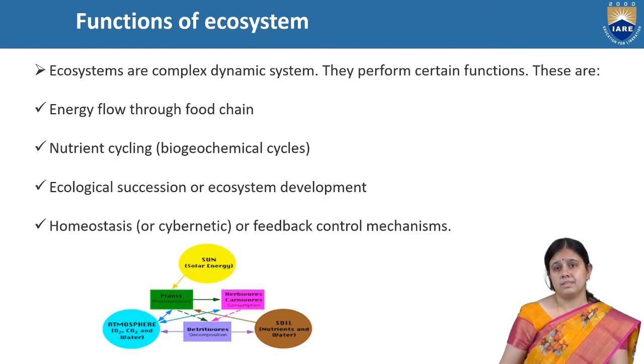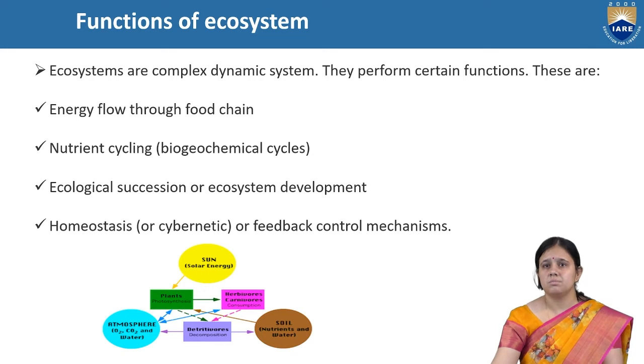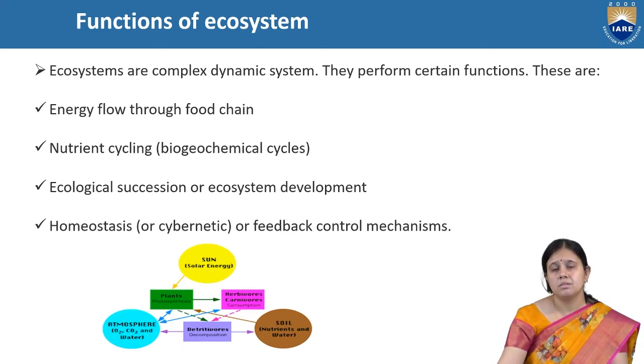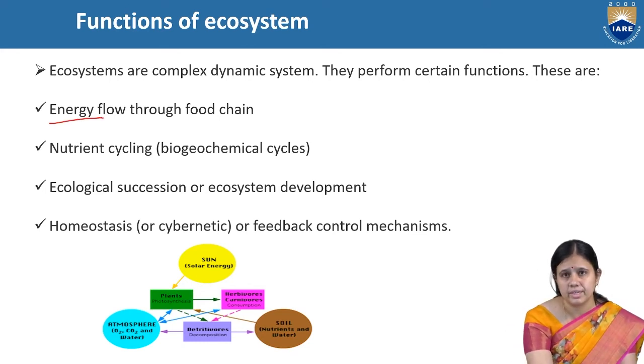Now in this slide we are going to discuss the function of the ecosystem. Ecosystem is a complex dynamic system. They perform certain functions. As we have already seen, it is a very complex dynamic system. Dynamic means a very fast system, and they are interdependent and interrelated with each other. So the main function they are performing is the energy flow in the ecosystem.